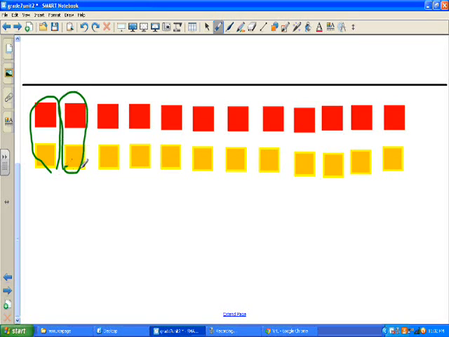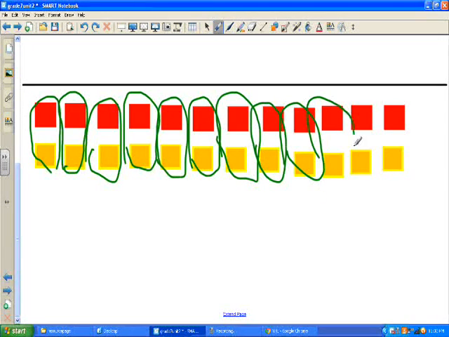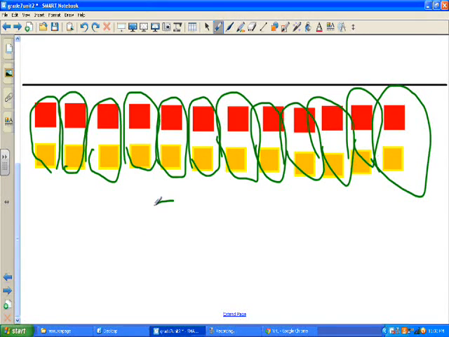Well, if I keep circling them, you can see what's happening. When I circle all of my 0 pairs, it will give me, in the very end, a big, fat, juicy 0. It's not a positive, it's not a negative, it's just 0.